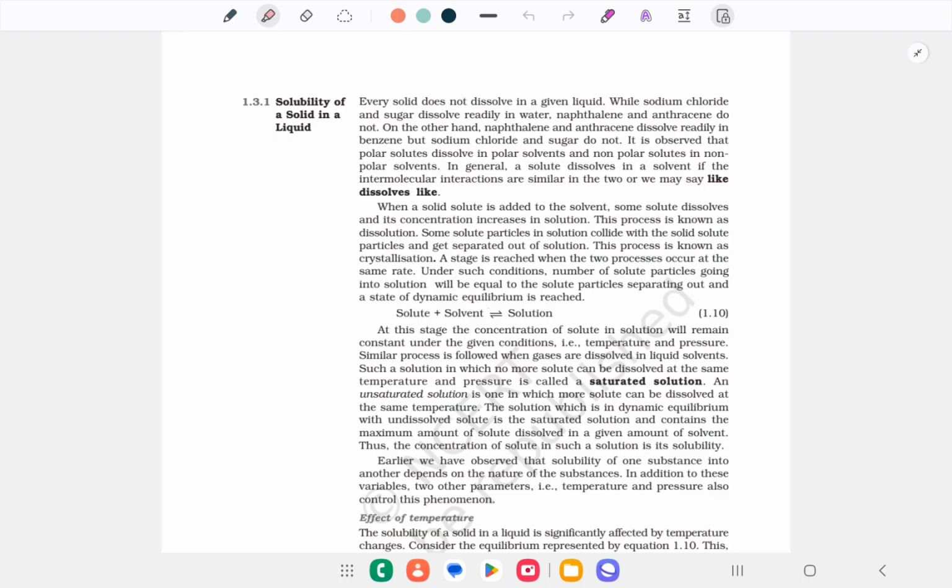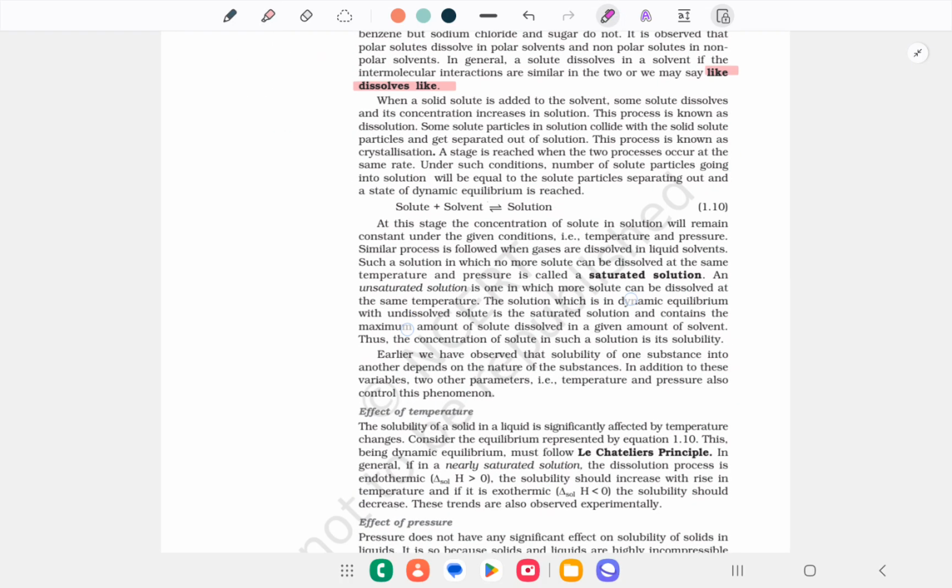Next, every solid will not mix up in a given liquid, while sodium chloride and sugar will readily dissolve in water, naphthalene will not. On the other hand, naphthalene will readily dissolve in benzene. So we can say that like will mix up with like. I have already completed all this part.